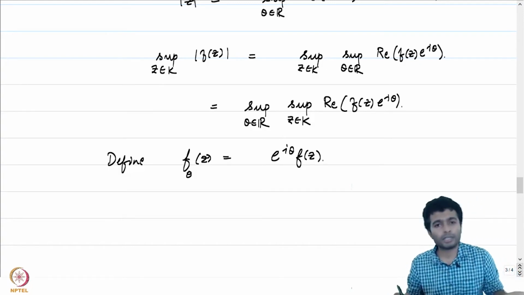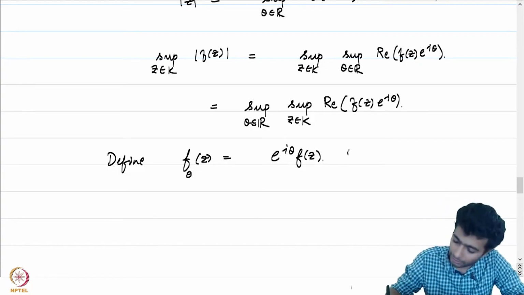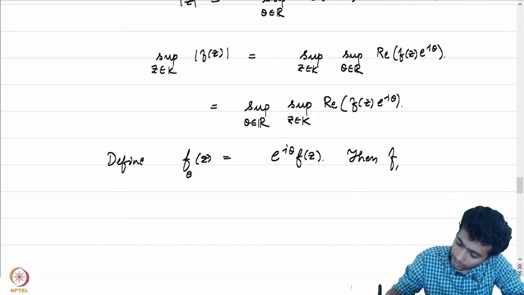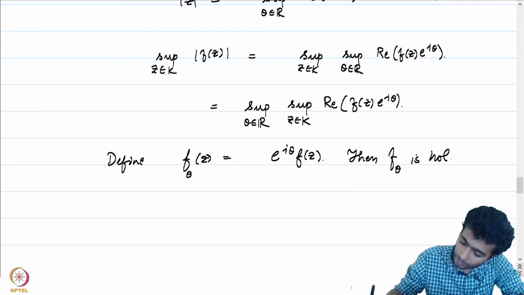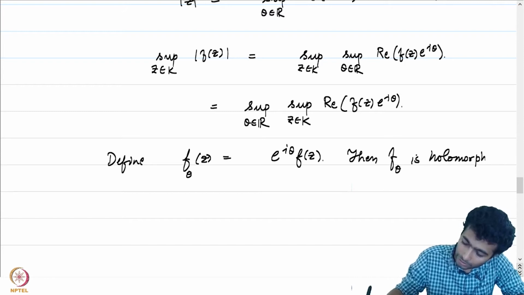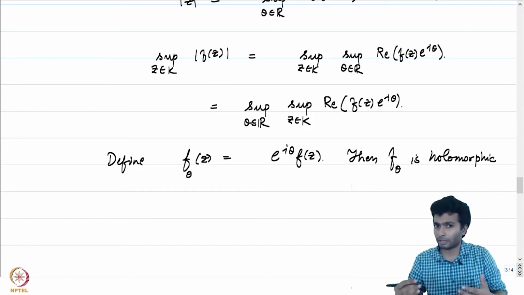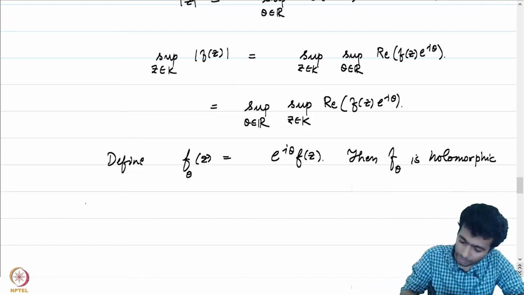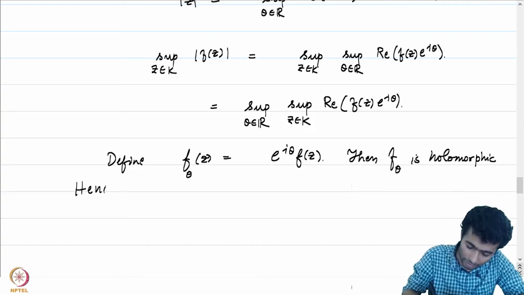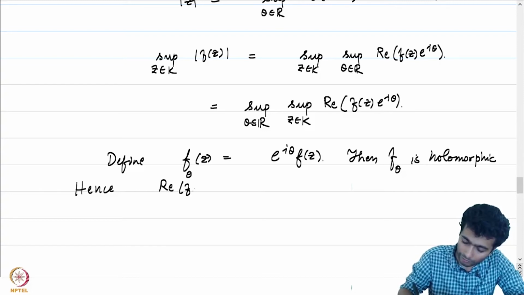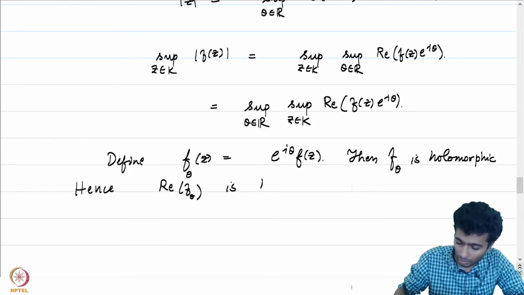Then f theta is a holomorphic function, right? f theta is holomorphic. And because it is holomorphic, its real part is going to be a harmonic function. And hence, the real part of the function f theta is harmonic.